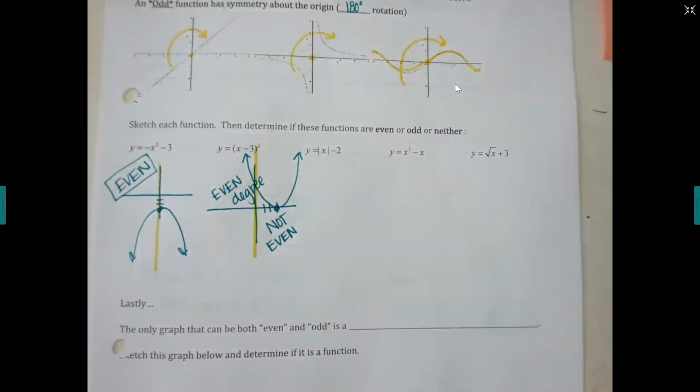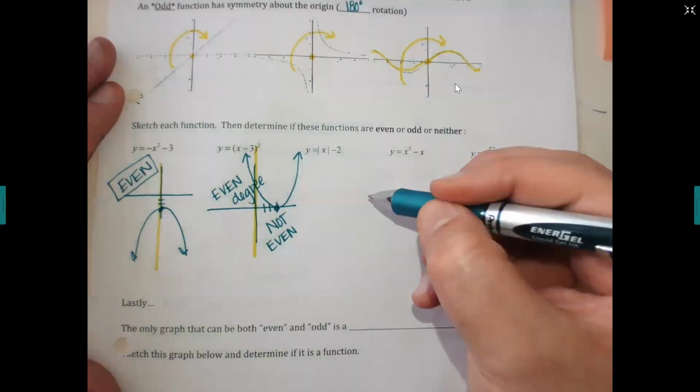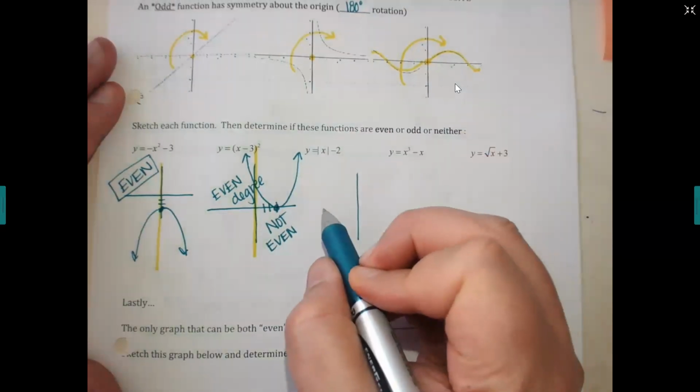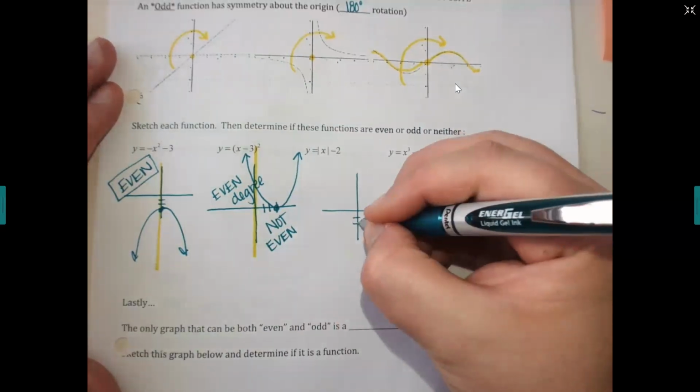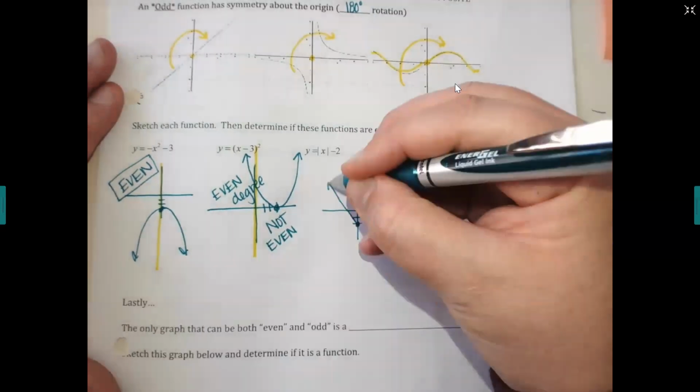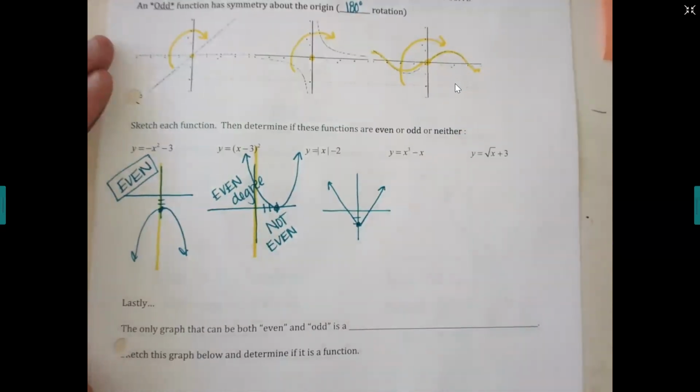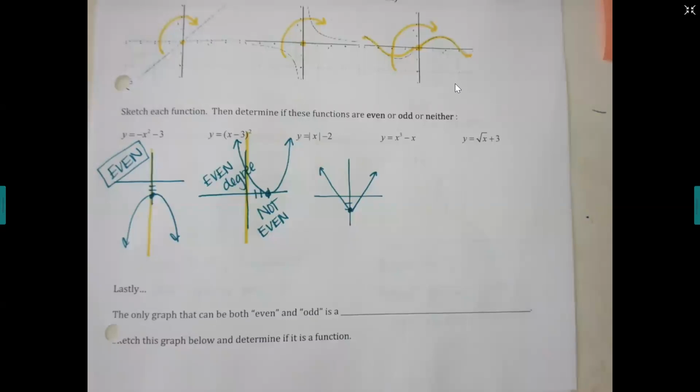Okay. One more left like that, absolute value x -2. Which way does the -2 move the graph? Down 2. 1, 2. And then if it's absolute value bars, that means it's a V, right? I'm gonna do my V right here. Is it even or odd degree? Even, because the ends are together. Is it also purely even?